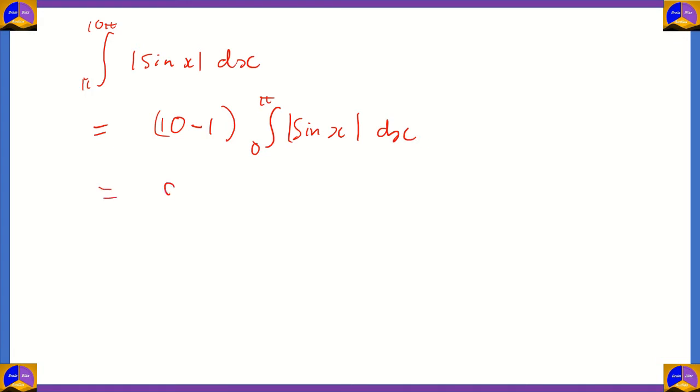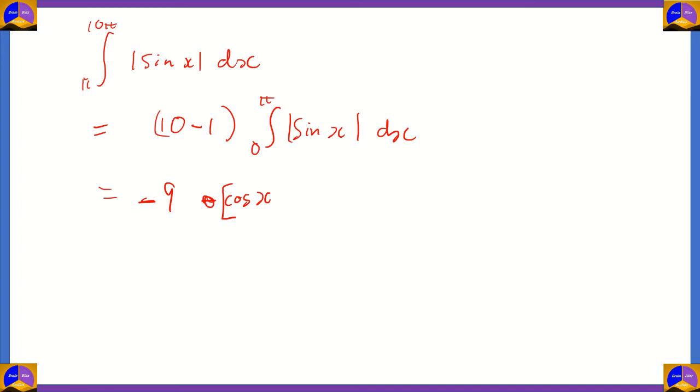So 10 minus 1 is 9, and the integral of sine x is minus cos x. You can put the minus before 9 or after 9. It doesn't make a difference.